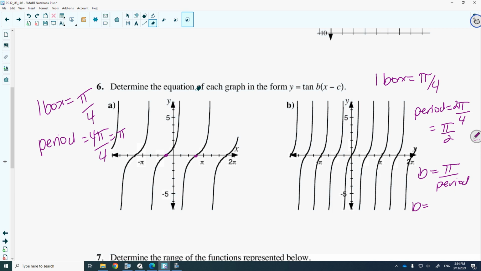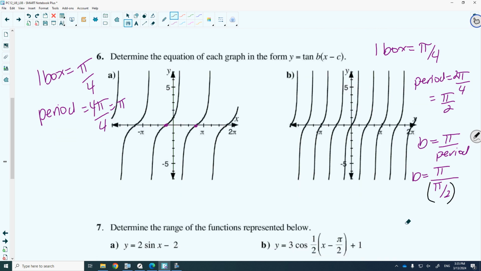So b is equal to pi over period. Period was pi over 2. If you wanted to punch this into your calculator, you want to put a bracket there, but these pi's would cancel, and this is basically 1 divided by 1/2, or 1 times the reciprocal of this, which is 2. Your b value would be 2.